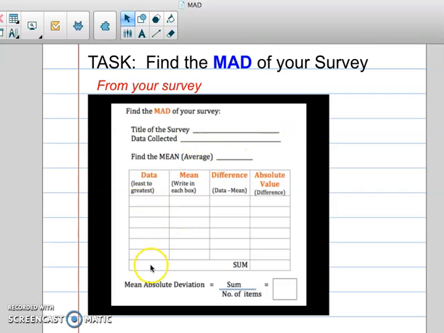Put again your data here, and then find the average, put it here, and then subtract the 2, and put your answers here. Some of the differences will be negative, so we'll change them into a positive value to become the absolute value of it, and add it again and divide it again by the number of items, and that will be your MEAD. In the material, there will be a sample of this posted.